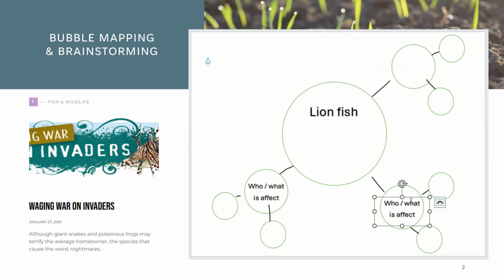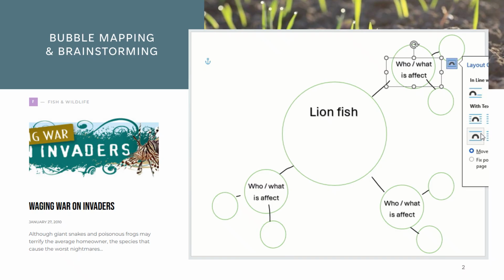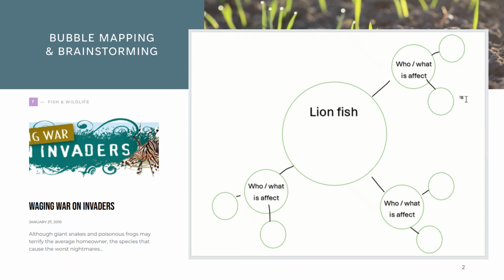But we want to bring in who or what is affected, because this is going to give us a very nice target when we start thinking about our audience, like who we're trying to solve this problem for. Because if your target audience is everyone, that's going to be too big, so that's not going to be useful. So we need to break that down into pieces.